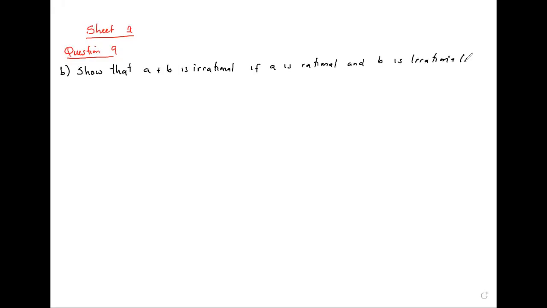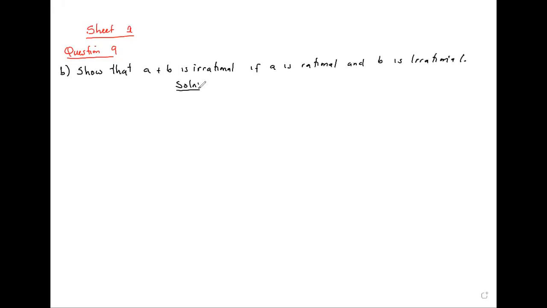That's what we did in part A, except that we had a specified number that was irrational there. But we had A rational because it was 1, and then B irrational because it was root 2. So sure.